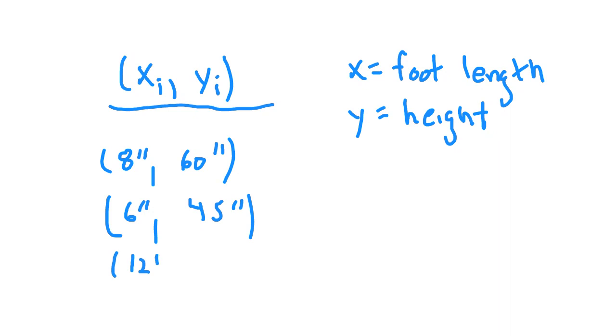You could have a person that has a foot that's 12 inches long, and maybe they are 72 inches, or 6 feet tall. The point is you collect the data.